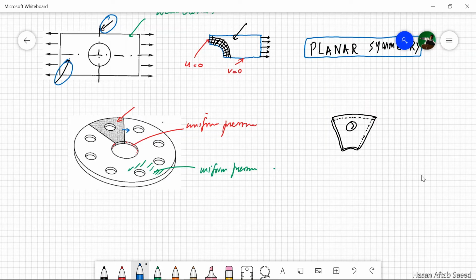Now, this is the circumferential direction. Then we need to constrain this.